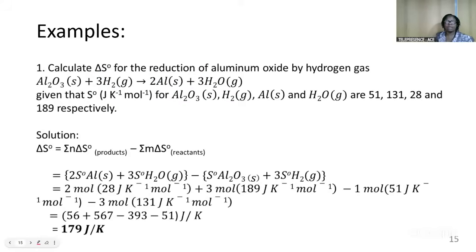The question again says calculate delta S standard for the reduction of aluminum oxide by hydrogen gas following the equation given there. Given the standard entropy for aluminum oxide, hydrogen gas, aluminum solid, H2O, they are all given respectively.